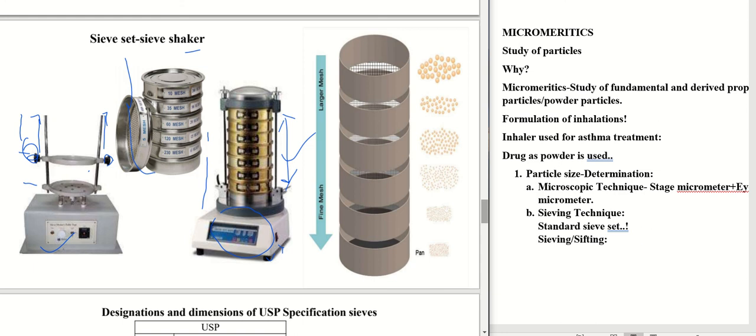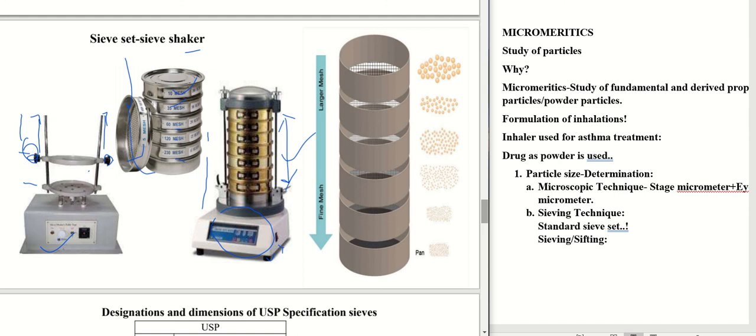Here we will have a set of sieves having different numbers. From this diagram, we can see sieve number 5. In some sieves it is given as mesh number 10, mesh number 35, 60, 120, 230.